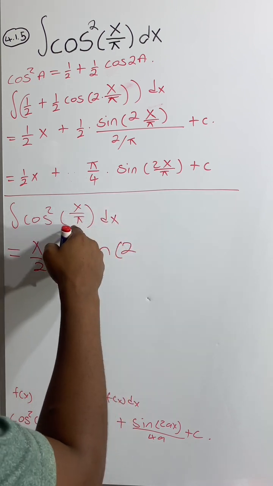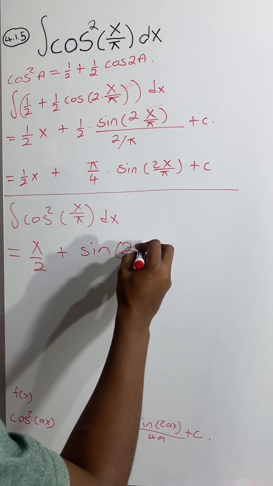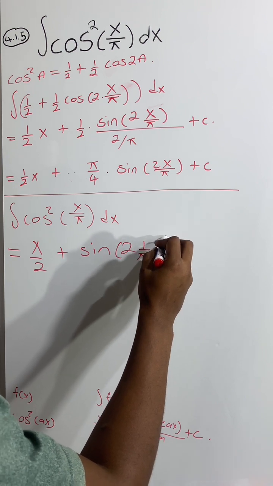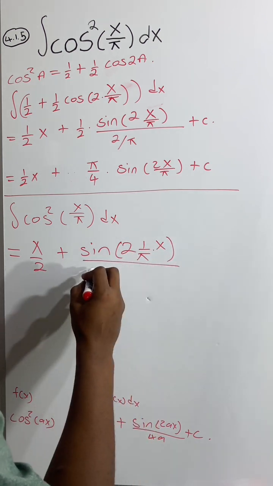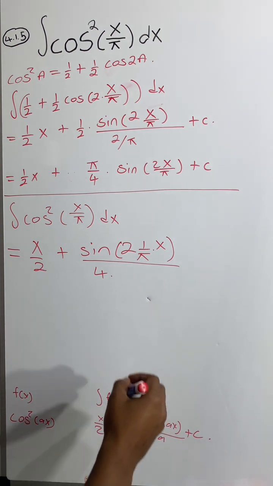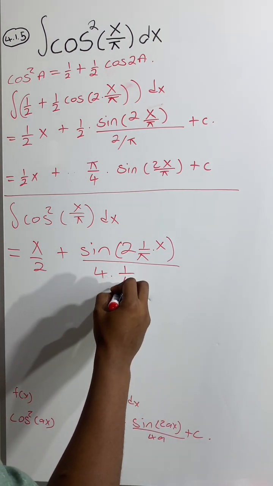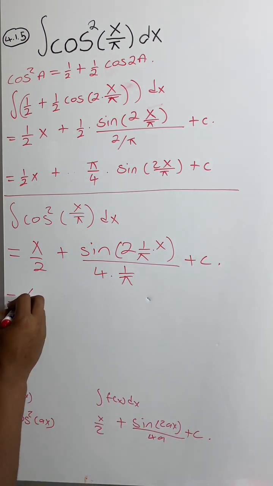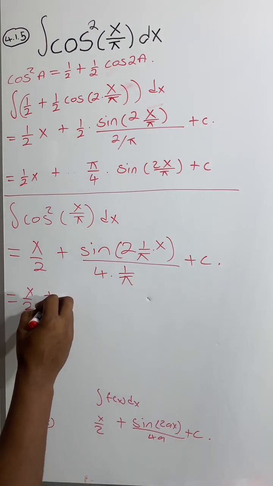Our a is 1 over pi, x, divided by 4 multiplied by 1 over pi, plus c.